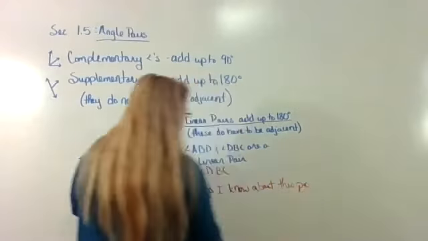And then name 2 supplementary angles. Well, since I was very specific in saying 2 supplementary angles, that means they have to add up to 180. And it doesn't matter which ones you give as long as they add up to 180 and you're only telling me 2 angles that add up to 180.